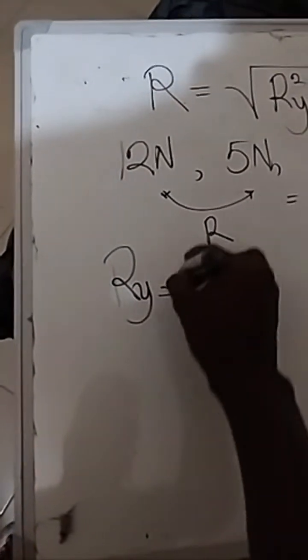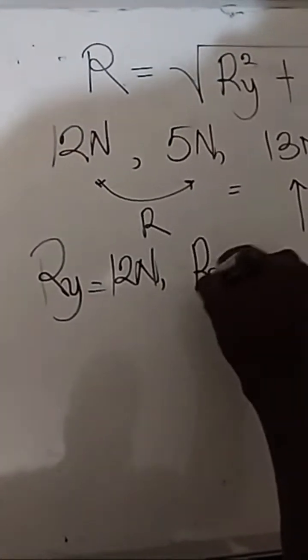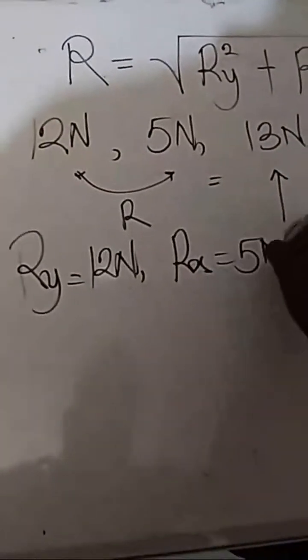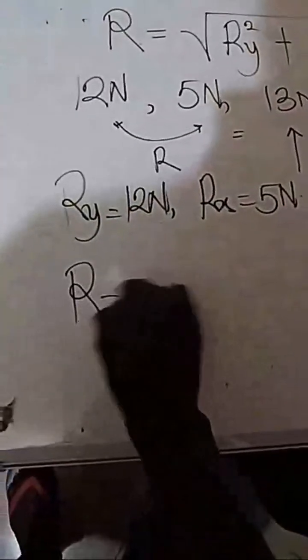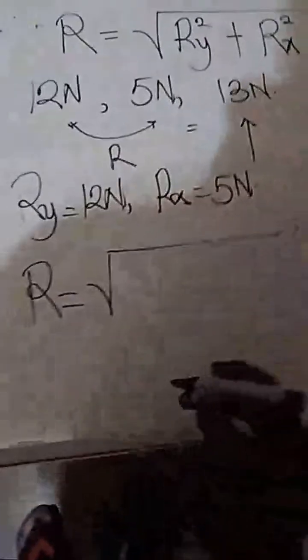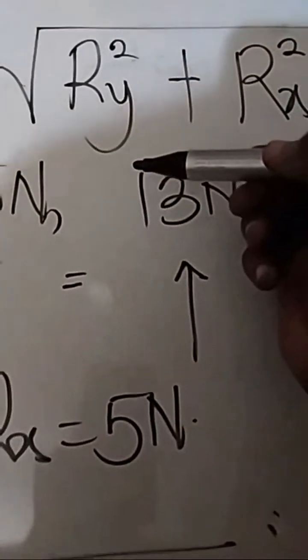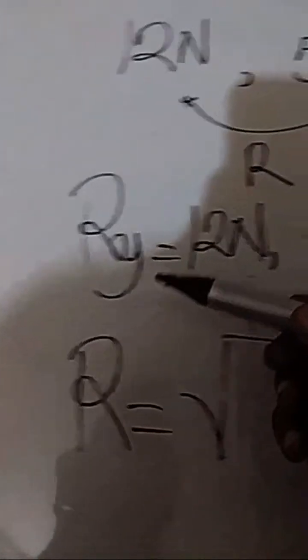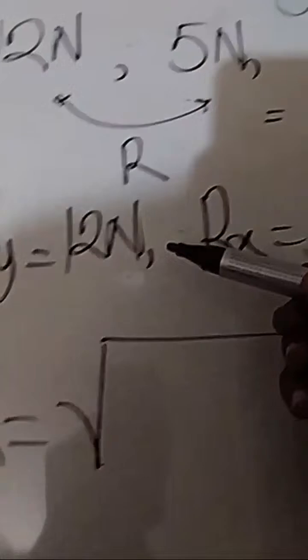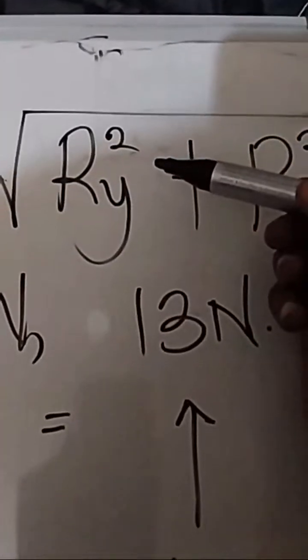So the first thing I'm going to do is to tell them, let RY be equal to 12 Newton and let RX be equal to 5 Newton. Now, you already know the formula, class. So what you do is to tell them RY will now be equal to, according to this formula, RY comes first. What is the value of RY? 12 Newton. There is a square on RY.